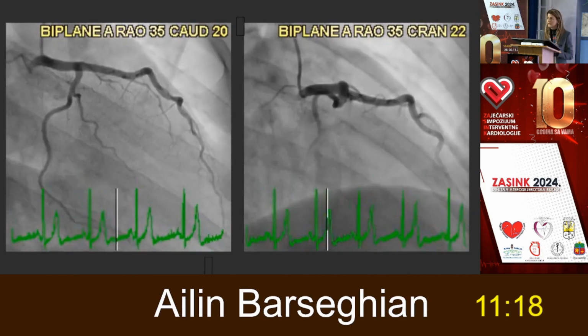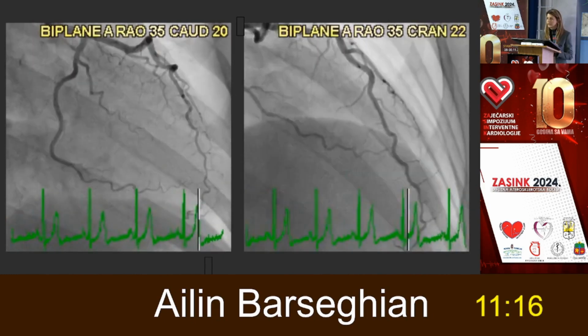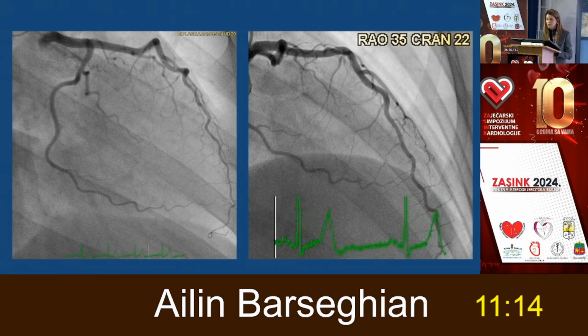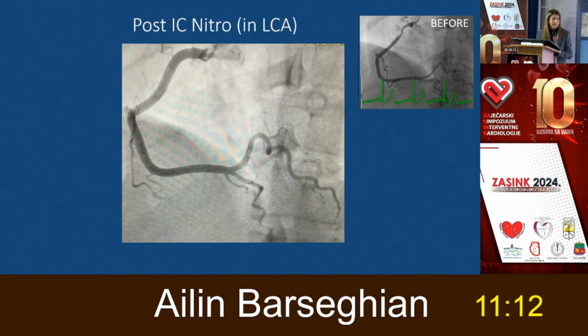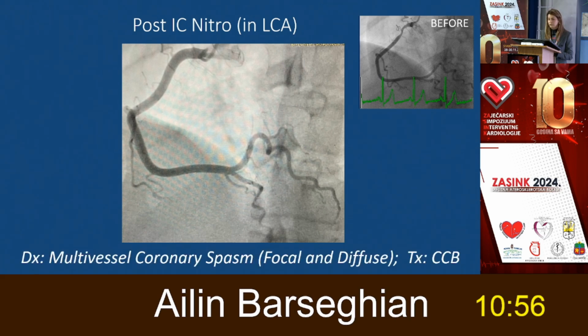Let me go back to the right side and give intracoronary nitroglycerin as well. But even before giving that, her coronary artery had resolved. Her lesion had resolved and had been responsive to nitroglycerin. So all along, this patient never had a lesion. We stopped her beta blocker. We stopped her aspirin, and we treated her with vasodilators.